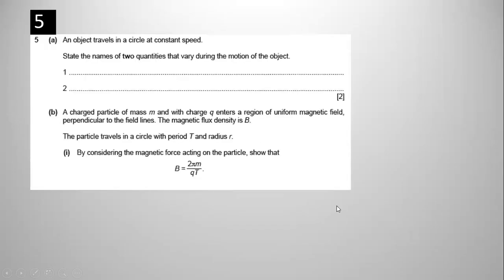Okay. An object travels in a circle at constant speed. State the names of two quantities that vary during the motion of the object.